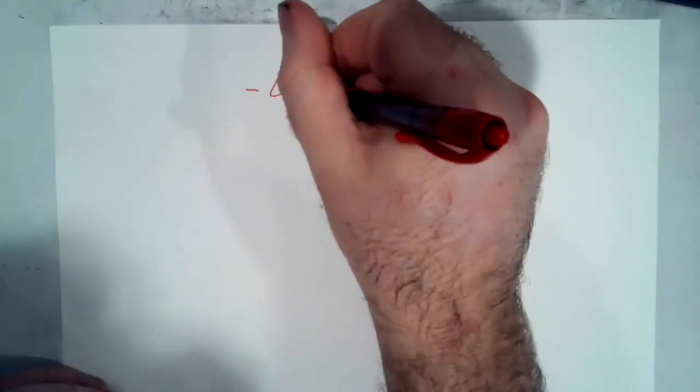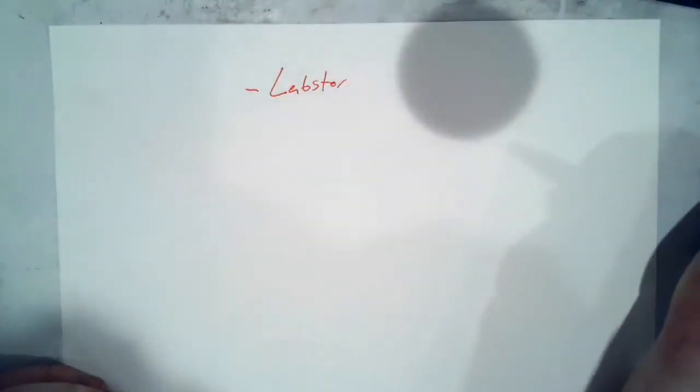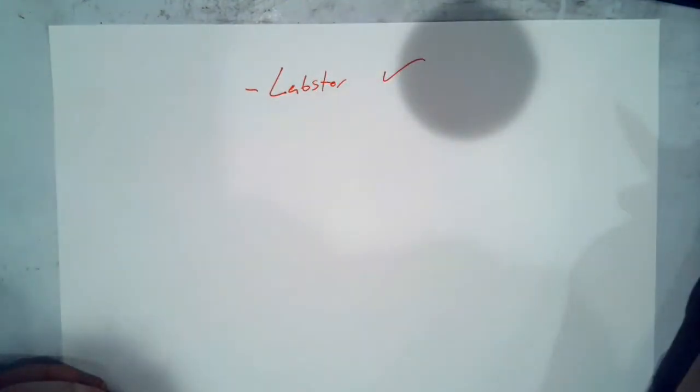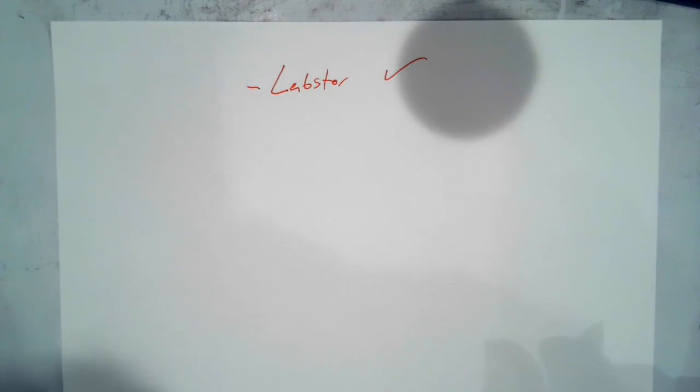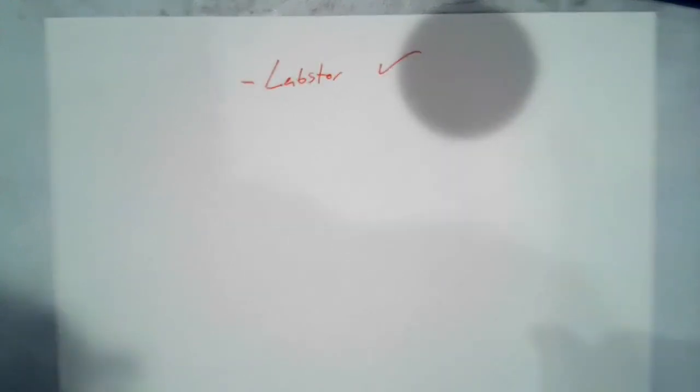Just a couple of reminders. I'm going to put this on paper so we can see it. Labster. You need to make sure all of your Labsters are complete by this coming Sunday, or you'll get zeros. You don't want zeros.